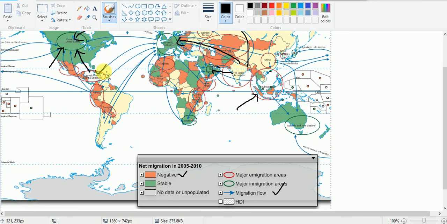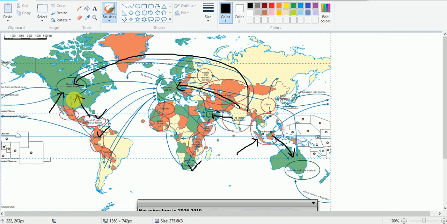So these are the major emigration areas, that means people are moving out, and people are moving into major in-migration areas. Here also see some South Asian countries are moving towards Australia. So in this way, because of this migration, there will be redistribution of world population.